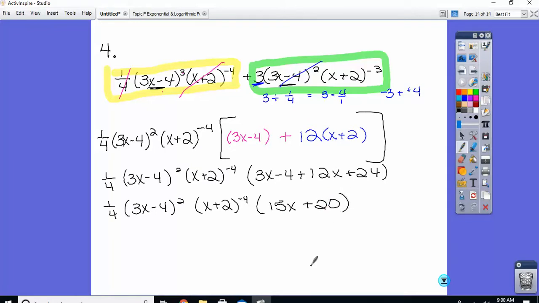And a lot of you stopped right here and I took off a half point. Why? Yeah. If you're looking at this parenthesis, both of those are divisible by 5. So if we pull out that 5, you just bring it to the front and multiply it with your 1/4. So that's 5/4 times 3x minus 4 squared, x plus 2 to the -4, and we took out that 5, so that's 3x plus 4.